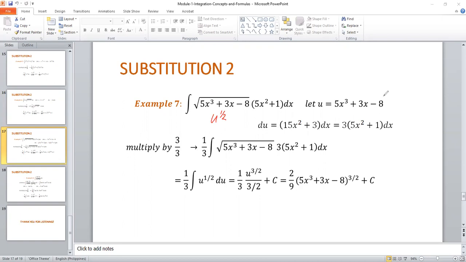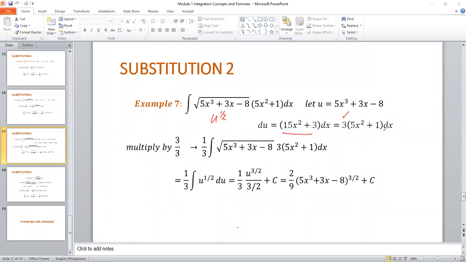If you will differentiate this, that would be 15x squared plus 3, right? Because the 8 here will have a derivative of 0. The 15 and the 3 have the common factor 3, so it's factored. That leaves you with 5x squared plus 1 to be multiplied to 3 to make it equivalent to this one.